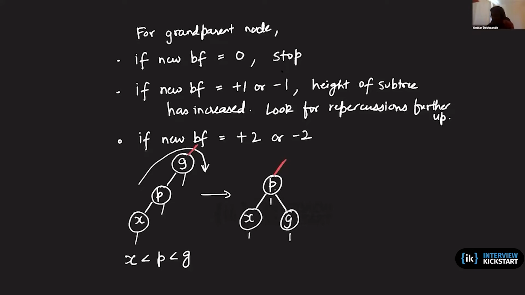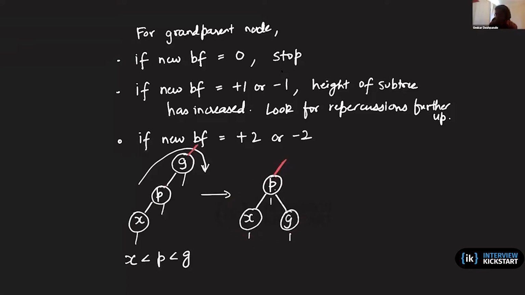And not just that, are there going to be any further repercussions up in the tree? Well, no, because before X was inserted, the subtree rooted at G had a height of 2, right? G and P itself was a height of 2. When X was inserted, the height increased, but after rebalancing, the height is again 2.